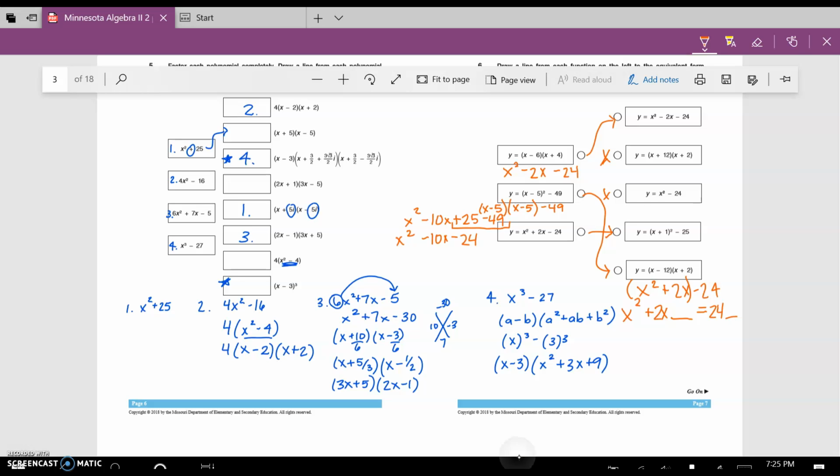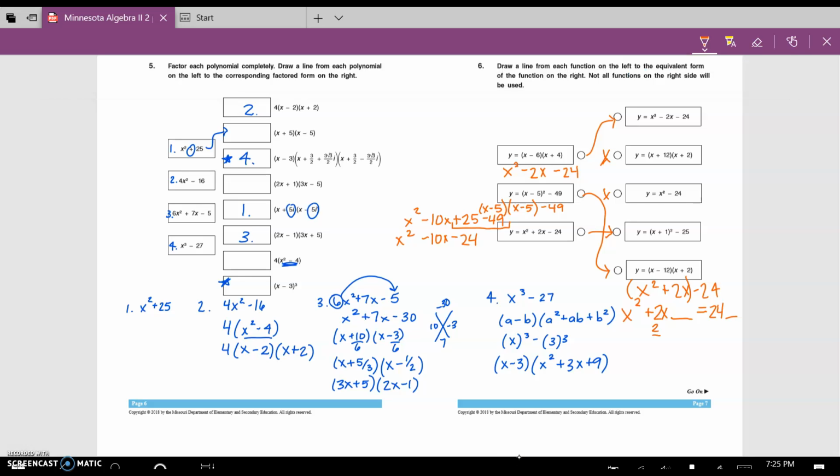So here is where we would take that 2, we would divide it by 2, and that equals 1, and then we square it. So remember, we always divide by 2 and square. So then 1 squared is actually 1. So then we're going to add 1 in both of these blanks.